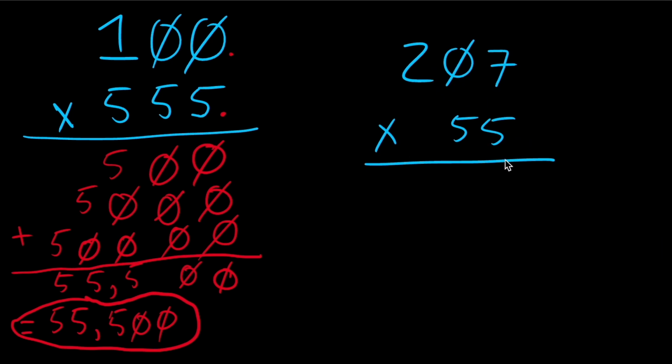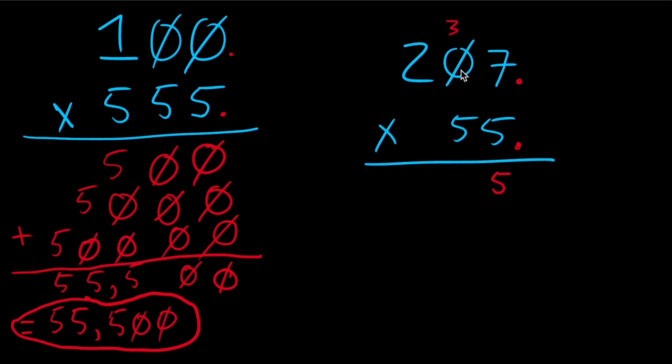207 times 55. And there are no digits that we are working with after the decimal. So 5 times 7 is 35. I'll have to write a little smaller for space. So I'll write 35, the 3 on top, and then the 5 below here.